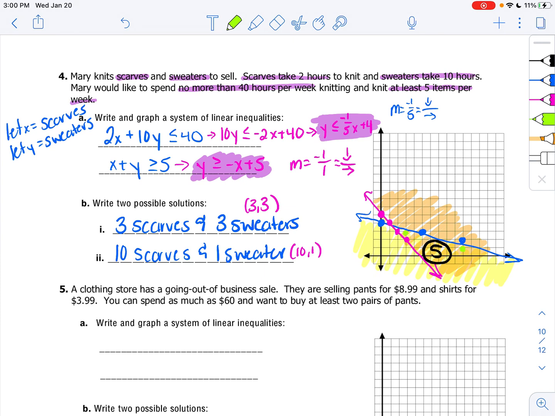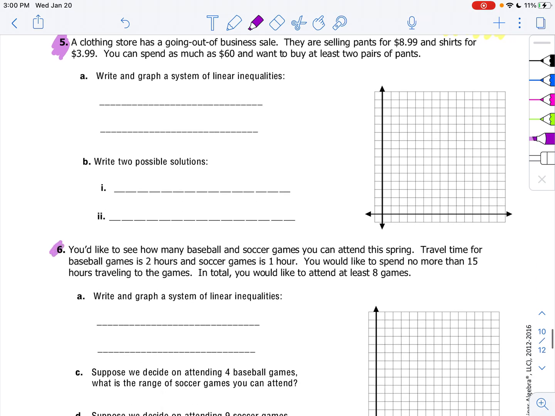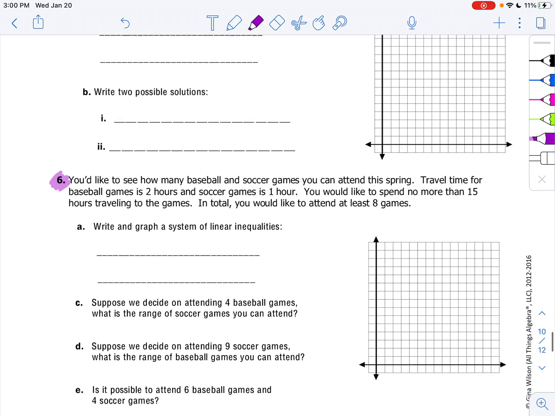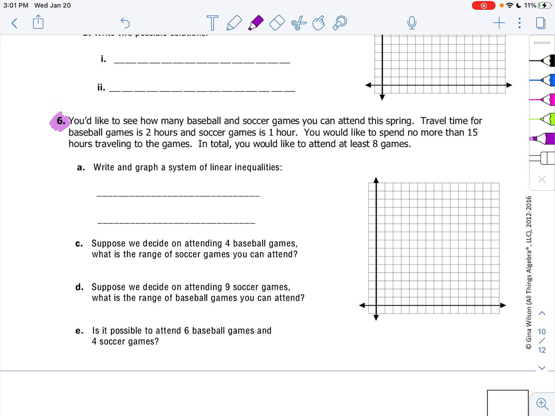So go ahead and highlight on this page, highlight number 5 and highlight number 6. And I want you to notice on number 6, number 5 is just like the other one, asking you kind of the same questions.